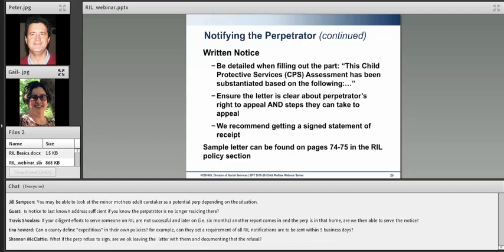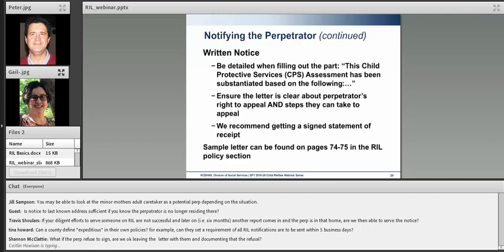I think there is a form letter or a sample letter that the division has that is good to use, so go ahead and use it. But make sure you're detailed enough when you're filling out the part about why the assessment was substantiated, and why they were identified as the responsible individual. I'm not suggesting you cut and paste your entire case decision or narrative into the letter.